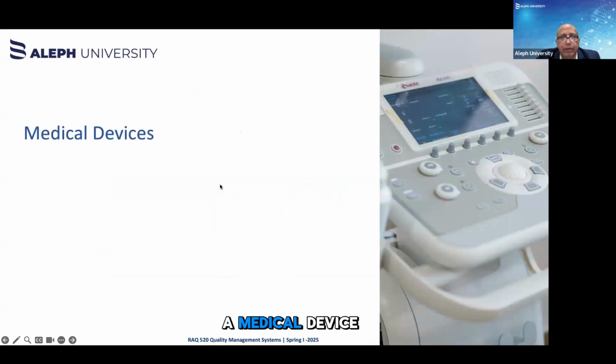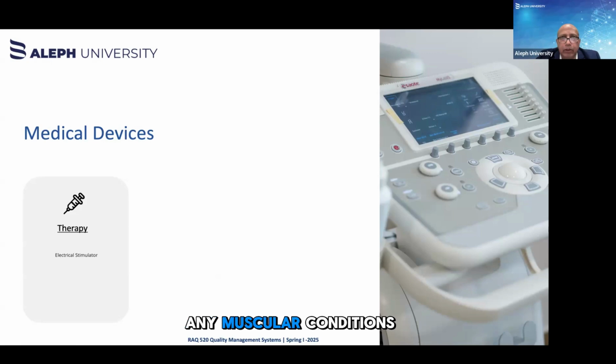Not everything is a medical device. So for example, if we have a medical device used for therapy, it could be an electrical stimulator for pain or spasms or any muscular conditions that need electrical stimulation. A pacemaker is another example of a therapy device. A dental implant is an example of a device.